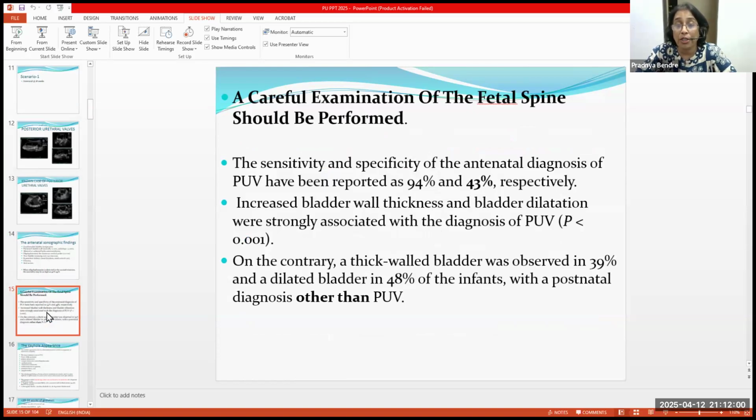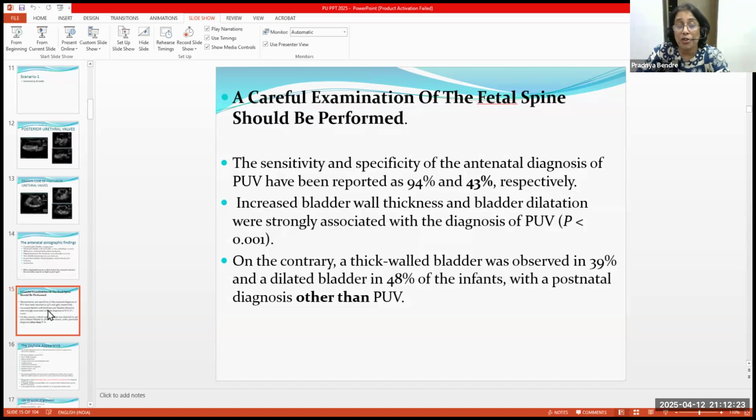It is very important to know the differential diagnosis. So the moment we see hydroureteronephrosis with an abnormal bladder, we should tell the obstetrician to specify about the spine, because spinal dysraphism can mimic the picture of posterior urethral valves, and that is the commoner anomaly which we come across.